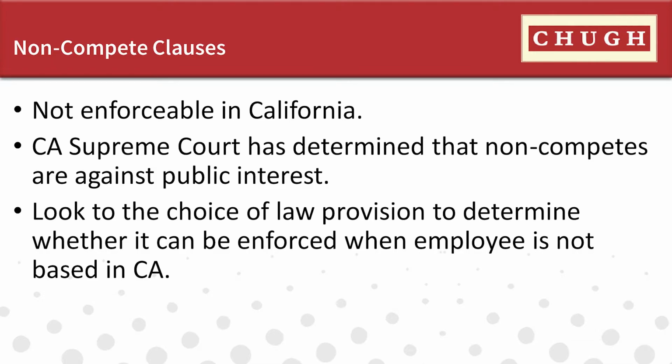So if there is a choice of law provision in the contract that says, we're going to apply Virginia law, but the employee and the employer are in California, then there's an issue there, which is, is it really valid to apply Virginia law? And we'll get into choice of law provisions in a few minutes. And then the other question is, can you apply California law regardless?